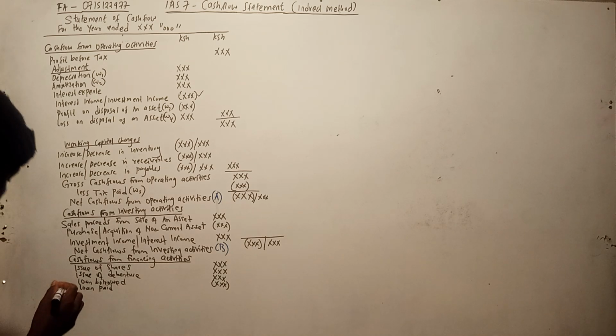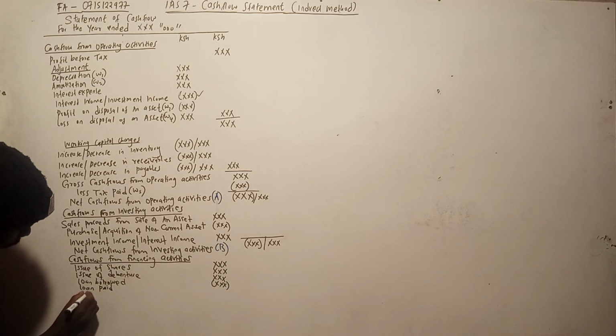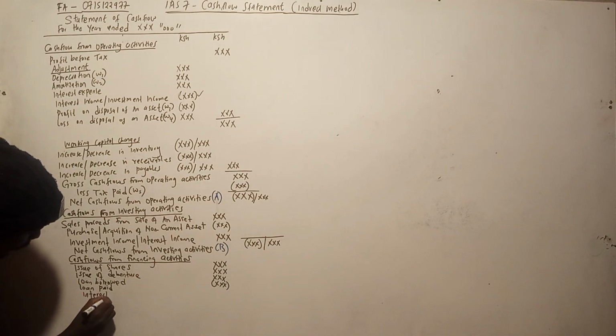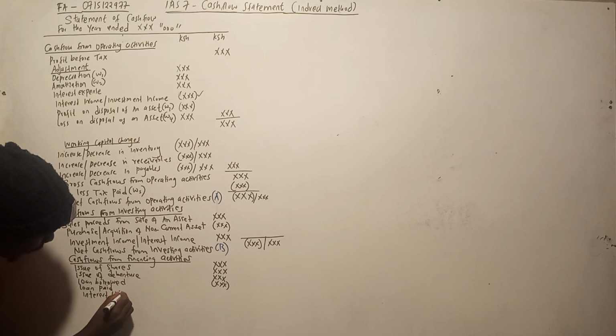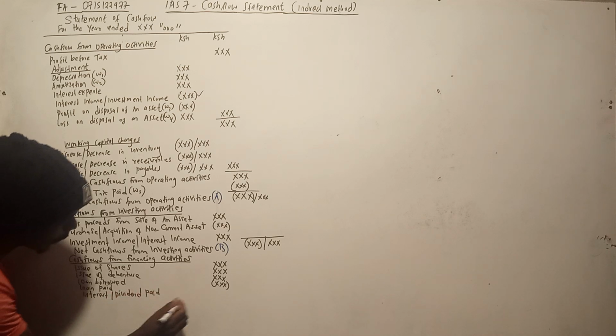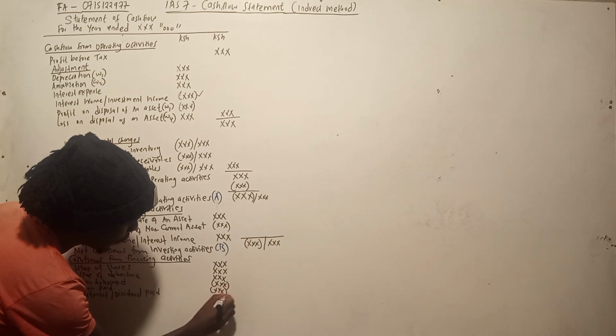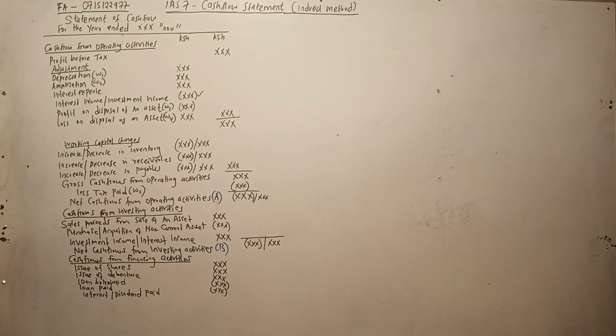We can talk about the interest paid, stroke dividend paid. So we can have either or both. It is either we have both or one of them. So interest or the dividend paid.